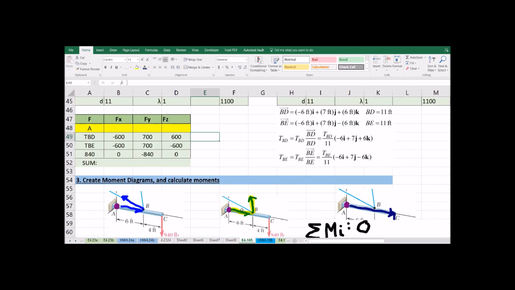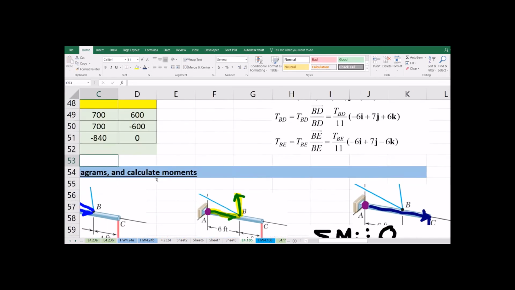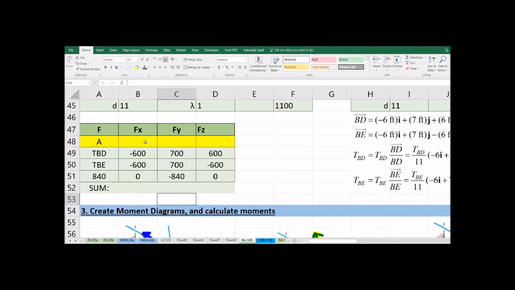Okay, so here's our force table. We're going to add everything to 0 and solve for A. Okay, so equals sum, and everything in the X direction has to add to 0. And everything in the Y direction, and everything in the Z direction. Okay, so what is our X forces?